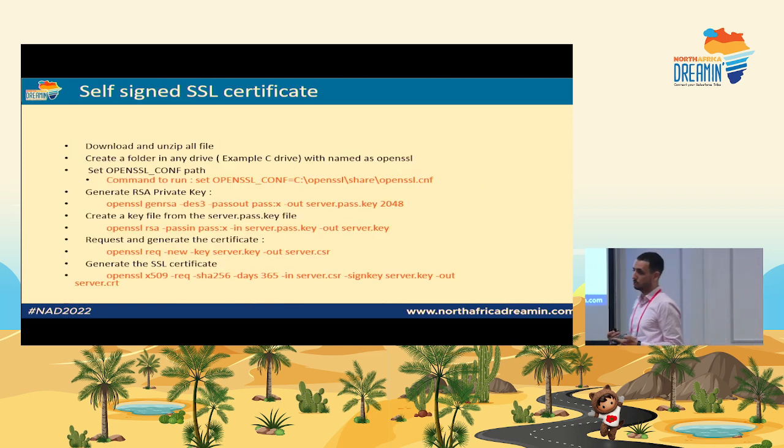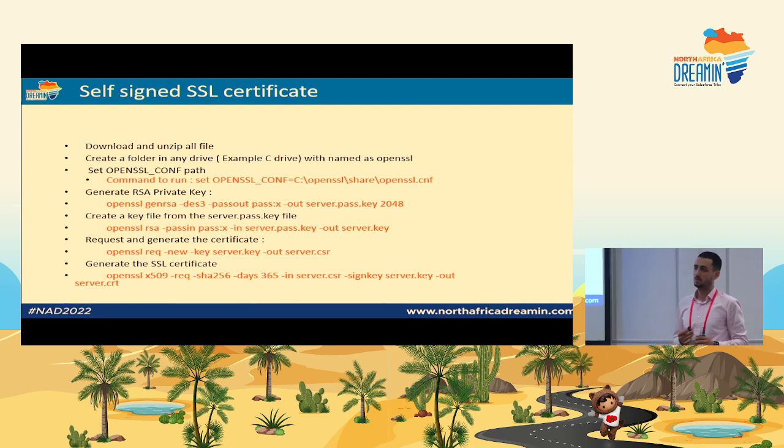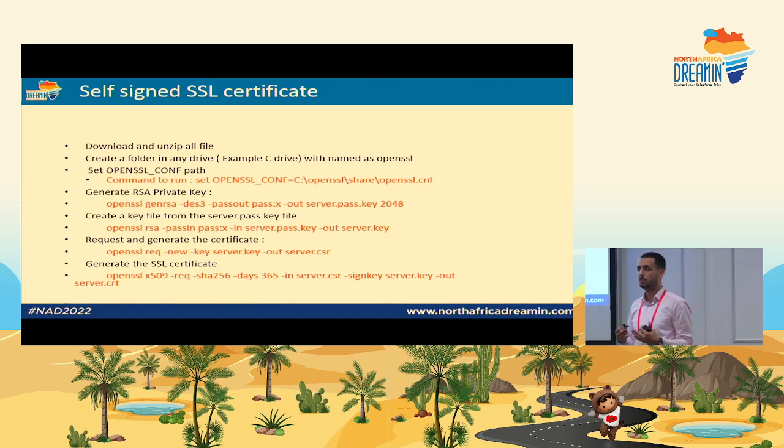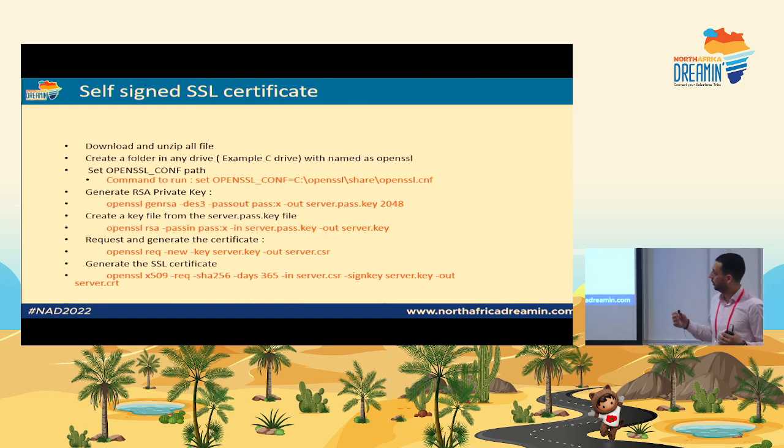To start our CI/CD pipeline, we need to create a self-signed certificate to connect our Jenkins instance with our Salesforce instance. Here we can find some command lines to create a new certificate.